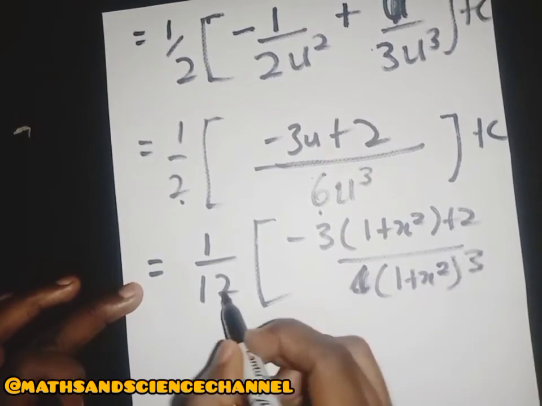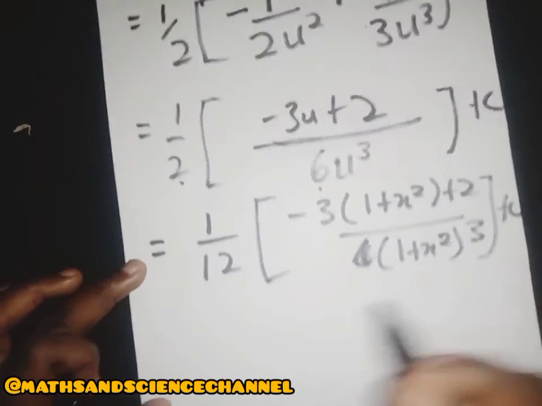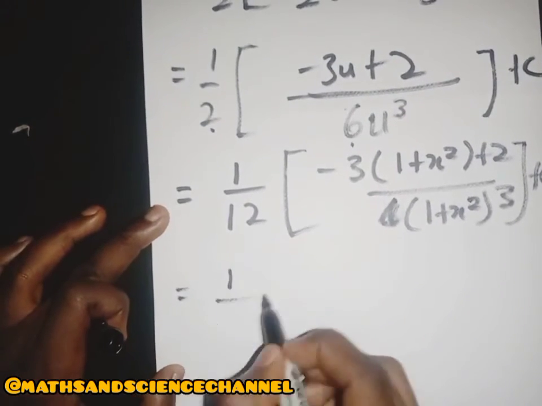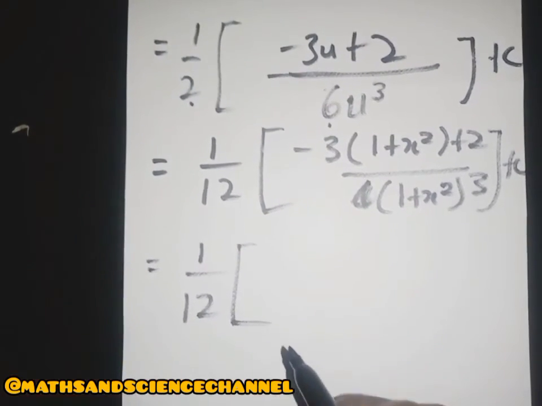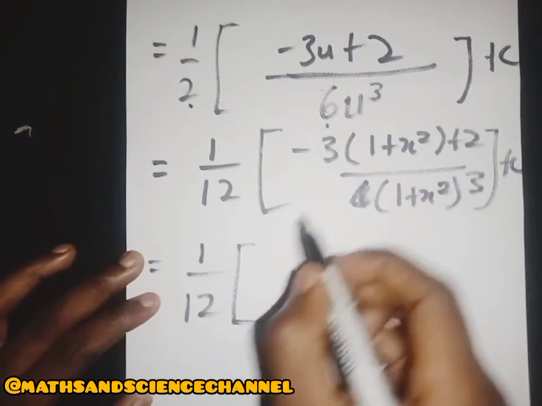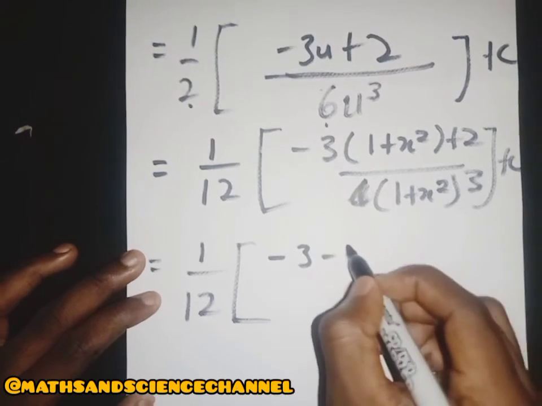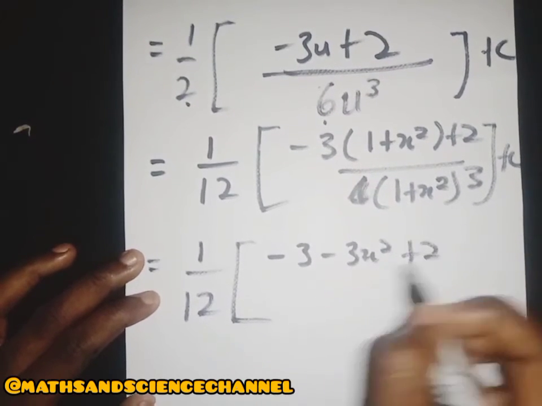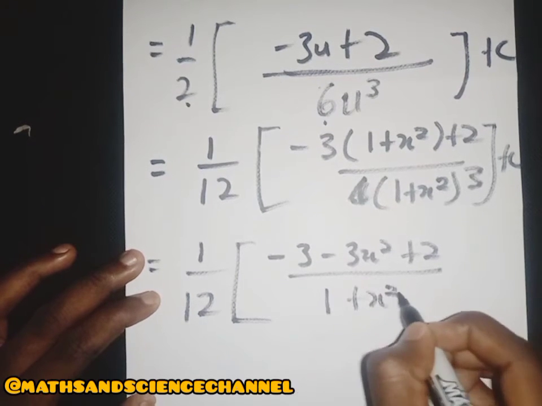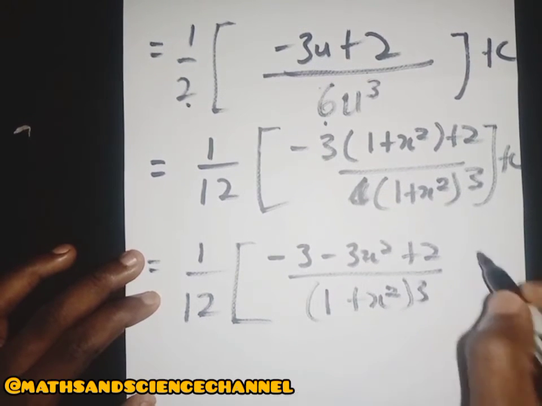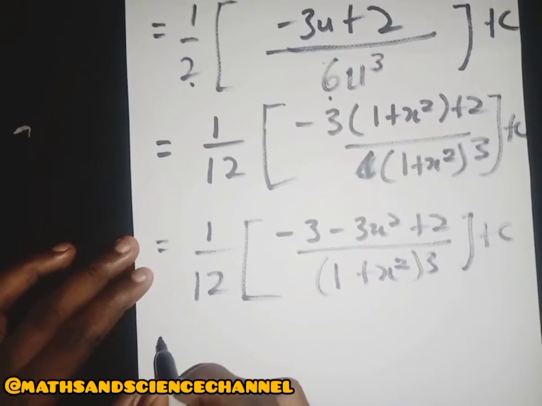Remember the 6 has multiplied that, so it goes away, and then 1 over 12 here will just give us, from here, negative 3 minus 3s squared plus 2 divided by (1 plus s squared) cubed plus c.